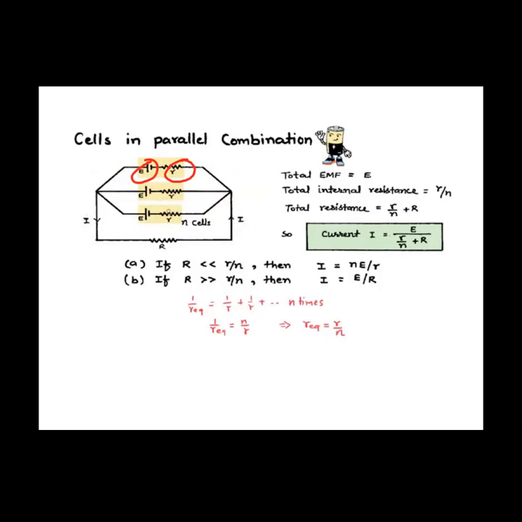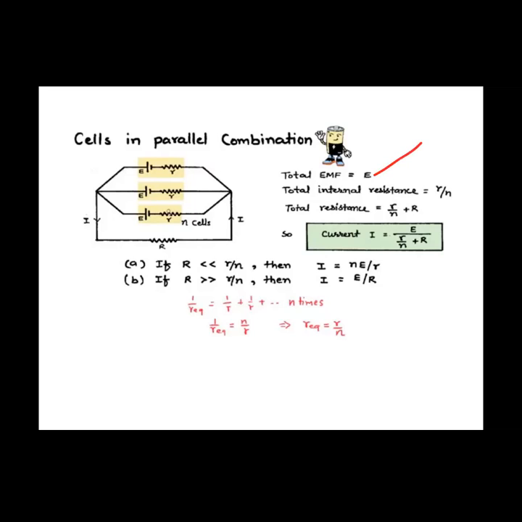There are n cells. Now, the total EMF when they are connected in parallel: we have done that in parallel combination the EMF will be the same. So here the total EMF will be E.